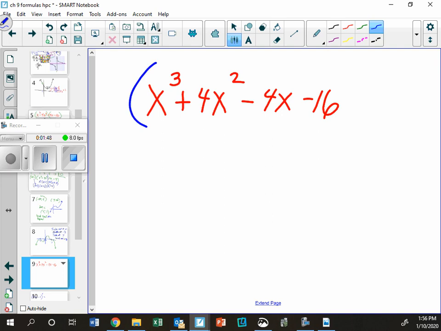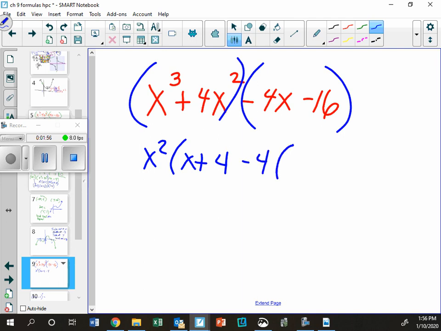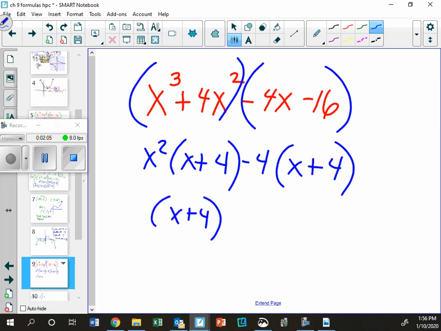Okay, so hopefully you remembered you're going to group them like this, and then x squared comes out and you have x plus 4, and negative 4 comes out and you have x plus 4. And then, if I factor the x plus 4s to the front, I have x plus 4 and x squared minus 4. And then Mr. Server marks it wrong and cries a little bit because you were so close.